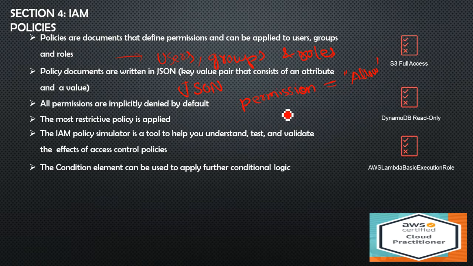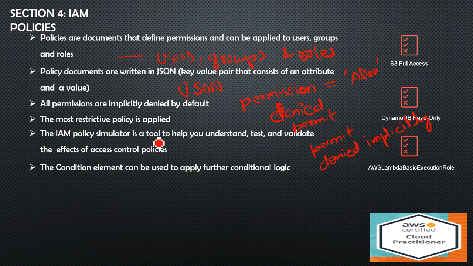So by default everything is denied, and then you permit certain services, and whatever you don't permit gets denied by default. So that is implicitly denied, and that is the restrictive policy.